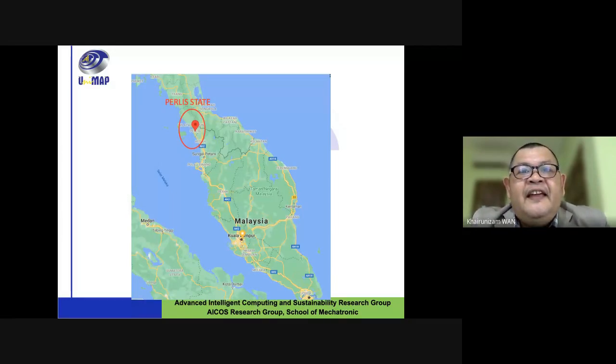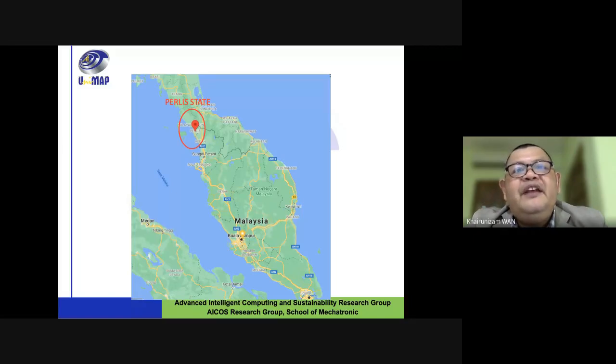If you want to come to University Malaysia Perlis, you have two options. First, from India, take a flight to Pulau Pinang, and then use ground transport to Perlis state.